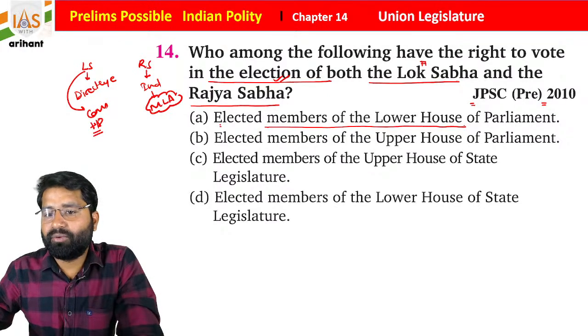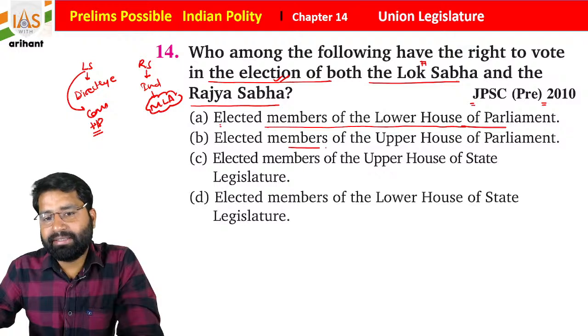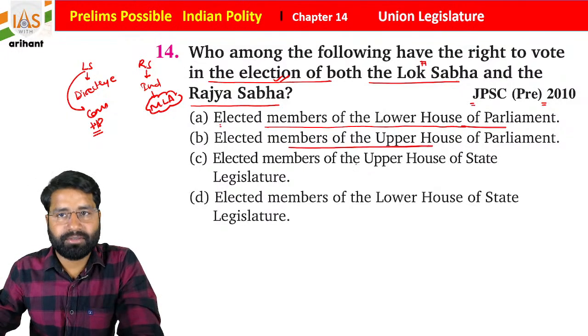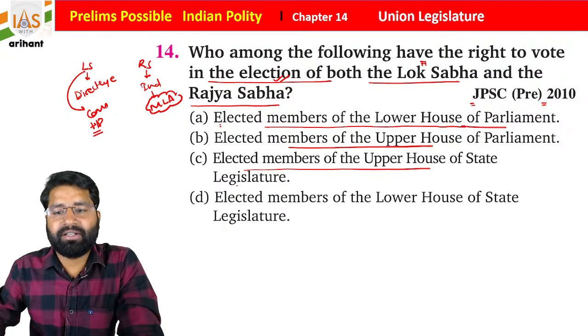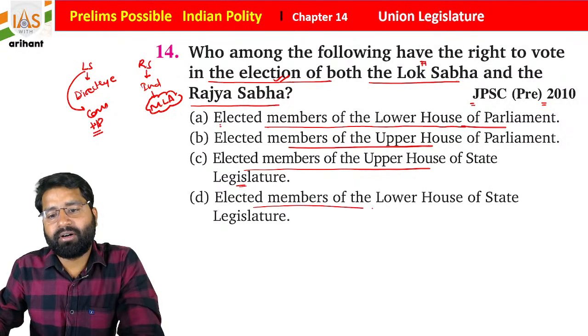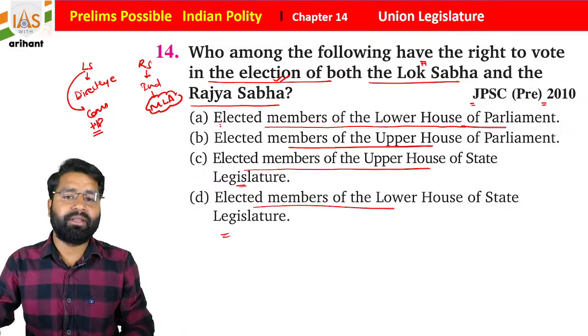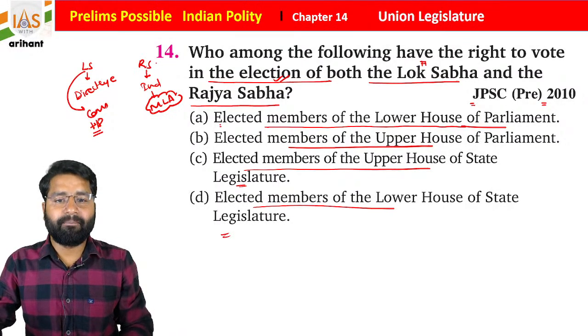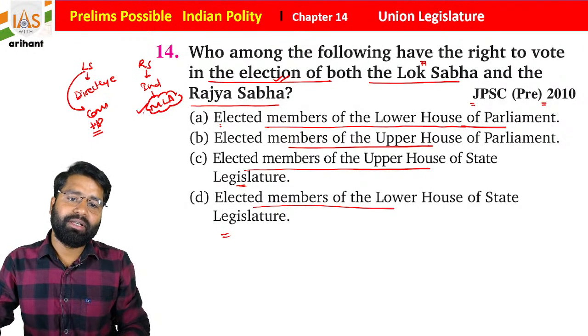Elected member of lower house of parliament, elected member of upper house of parliament, elected member of upper house of state legislature, or elected member of lower house of state legislature. So now we know the condition. In Lok Sabha and in Rajya Sabha, who can vote? MLA.